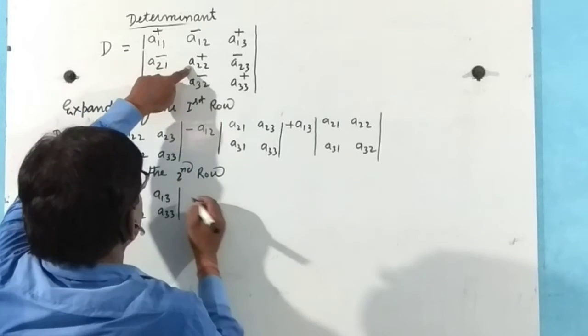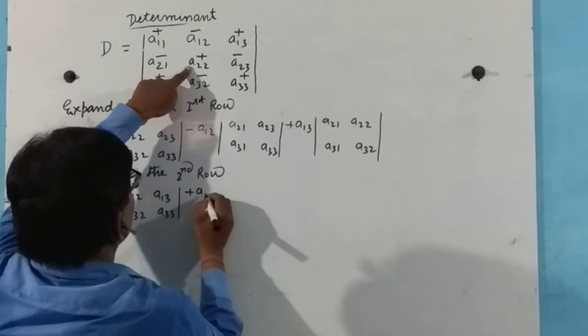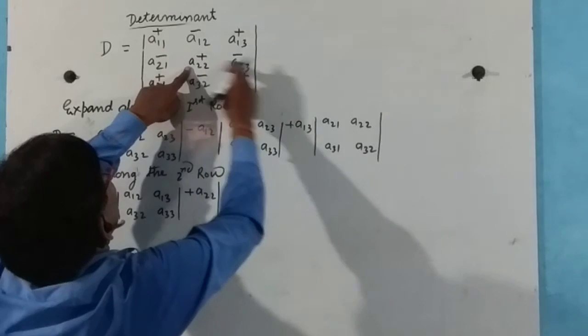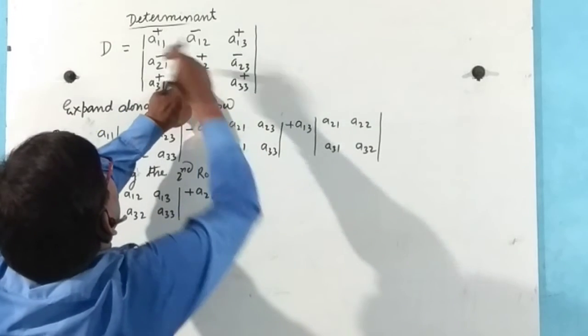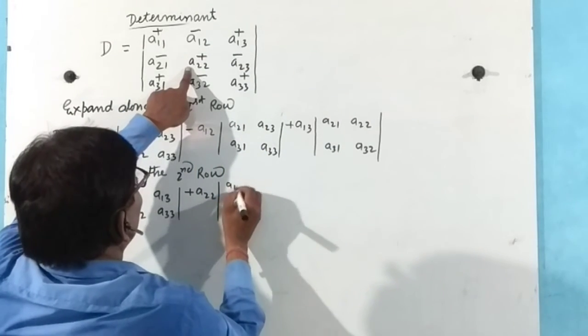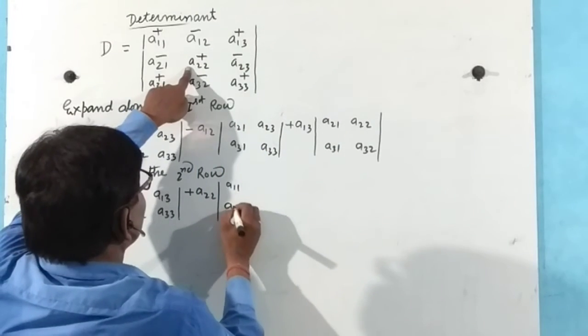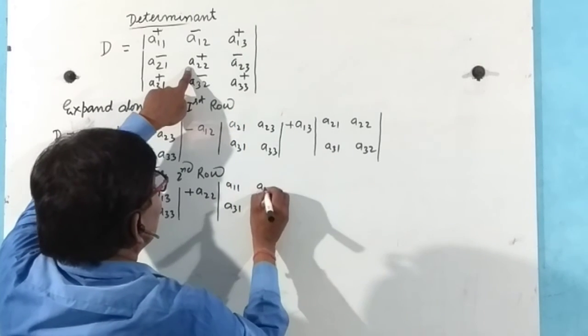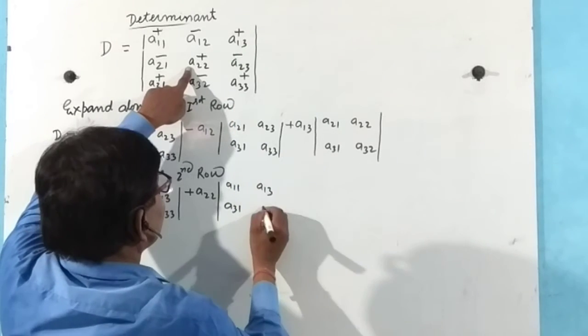Now second, expand along the second row. Now after this plus A22 here, deleting this and this, so that this and this here A11, A31 and this A13 and this A33.